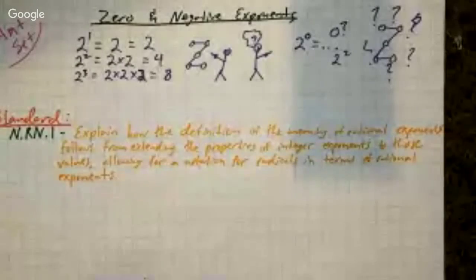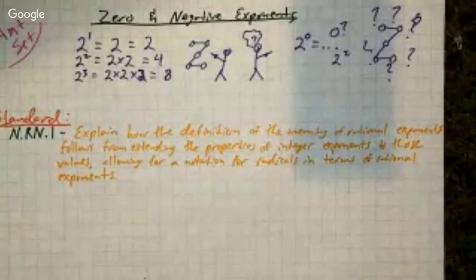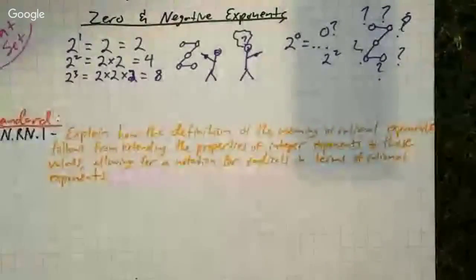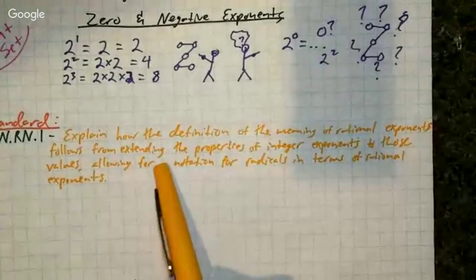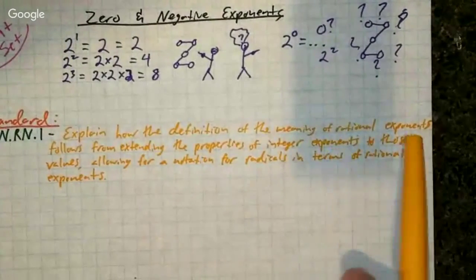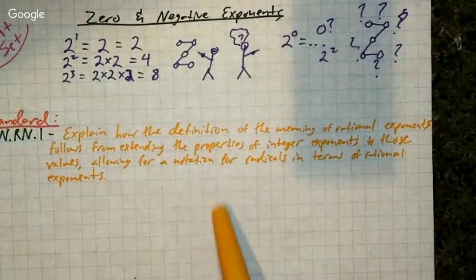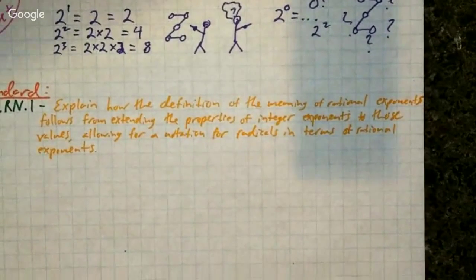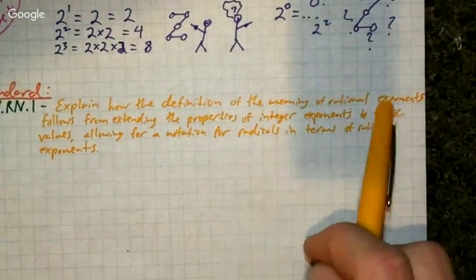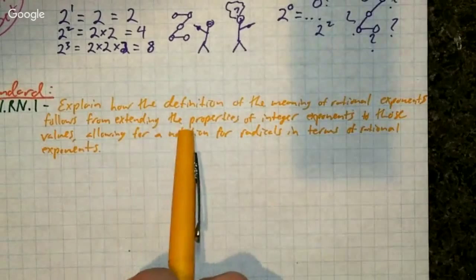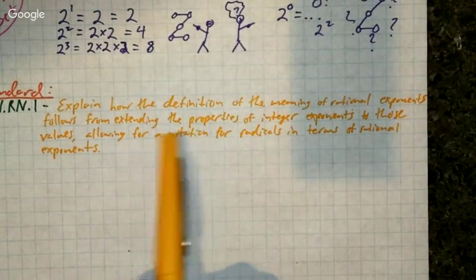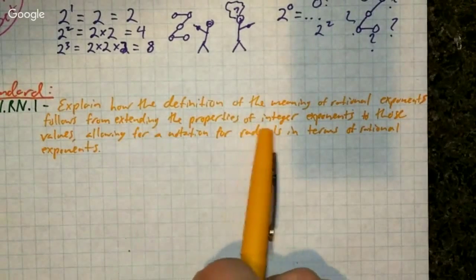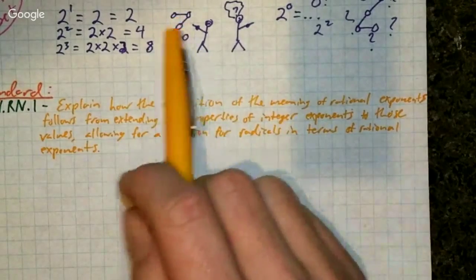So I'm going to read it now that I've written it down. Explain how the definition of the meaning of rational exponents follows from extending the properties of integer exponents to those values, allowing for a notation for radicals in terms of rational exponents. So you're going to see that we're talking here about the meaning of rational exponents following patterns, basically, is what they're saying. It follows from extending properties of integer exponents, these patterns we're talking about.